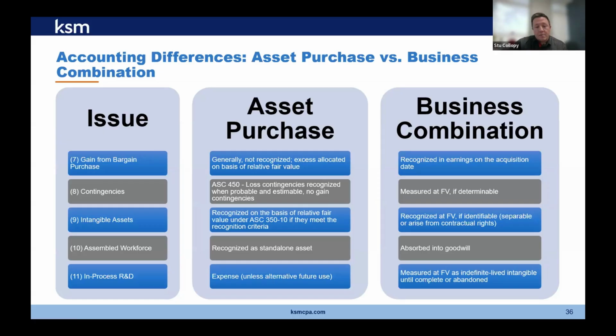Intangible assets are going to be recognized at the fair value for both of these. Assembled workforce, there's a little different treatment here. Under an asset purchase, it's going to be a standalone asset, but under a business combination, you're just going to work it up into goodwill. And then for in-process R&D, under an asset purchase, you're going to expense any R&D, whereas with a business combination, you're going to measure it at fair value as an indefinite life intangible asset until it is complete or abandoned.